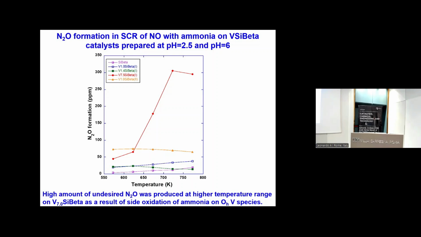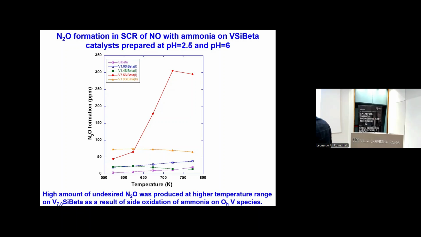Very big amounts of this N2O are formed because in this case we have mainly pseudotetrahedral vanadium species. In contrast, in the case of preparation at pH 2.5, the amount of N2O is smaller, much more than in the case of catalysts with high amounts of polynuclear species.